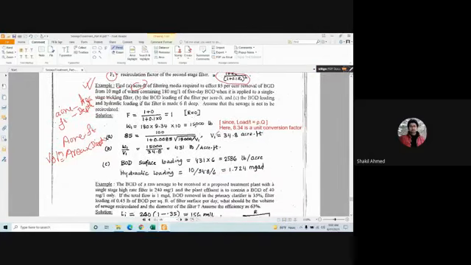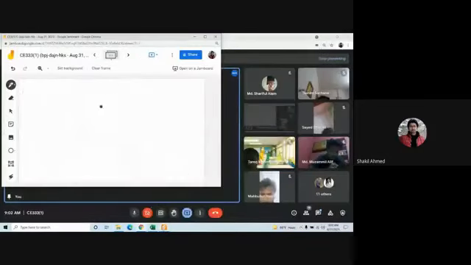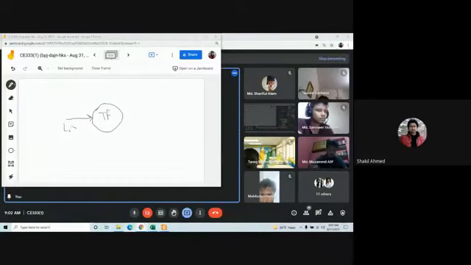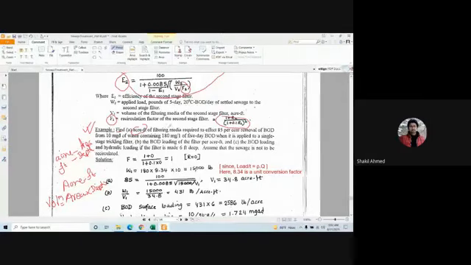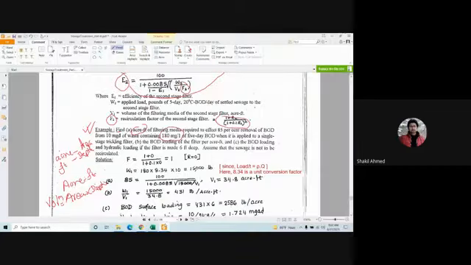That means the initial BOD here, let's say we are looking at the plan from the top. So this is the trickling filter. Sewage is entering, where L influent equals 180 milligram per liter. What is the Q here?